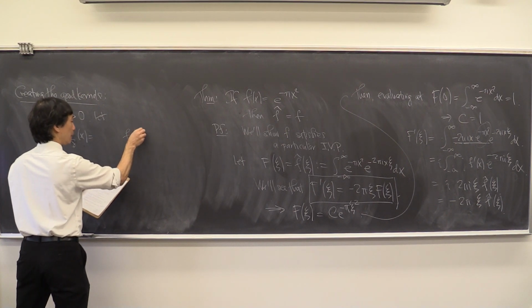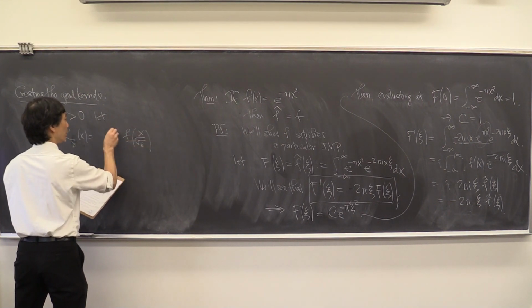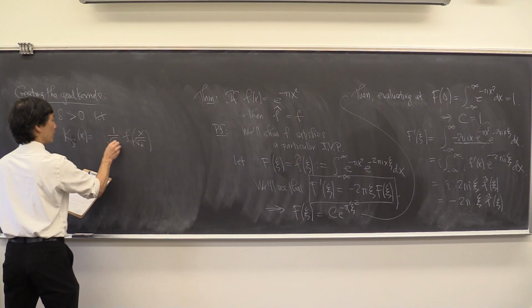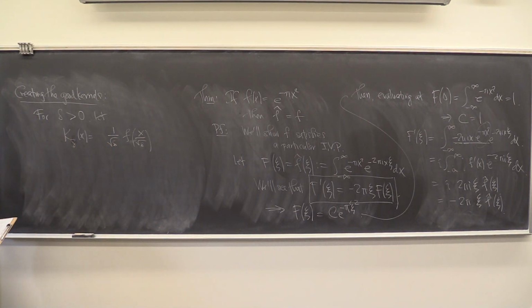So we get k delta of x equals 1 over the square root of delta times the Gaussian at x over the square root of delta. So we take the Gaussian and we dilate it.